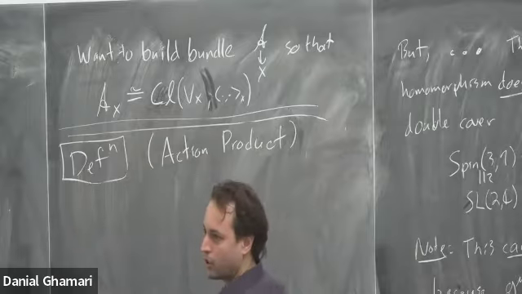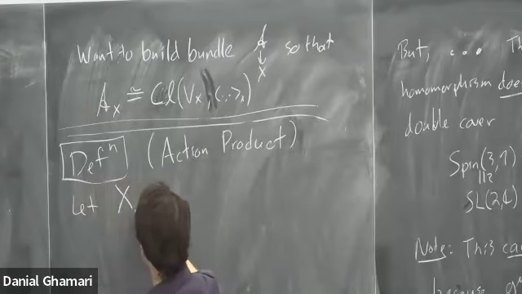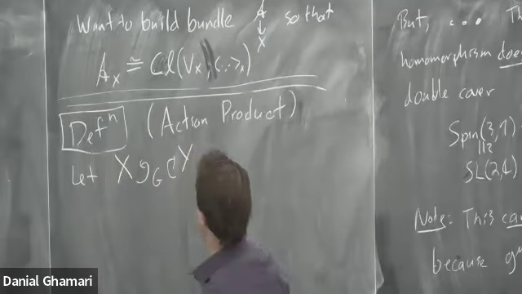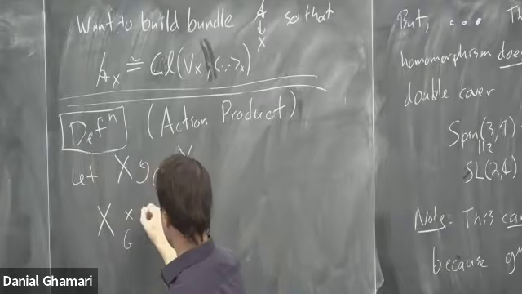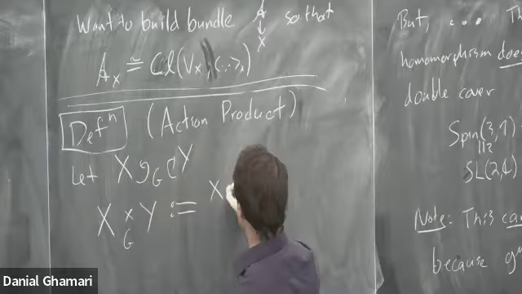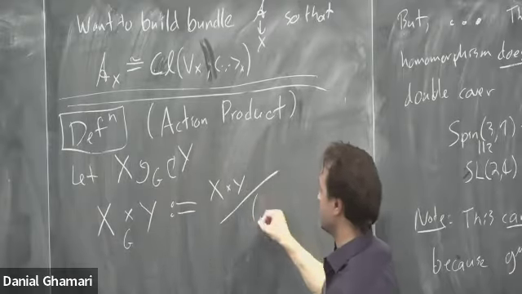This is going to be pure topology. So let X be a right G space, and let Y be a left G space, and then define the following thing, X cross Y over G. So first take the product X cross Y, then quotient by an interesting relation.